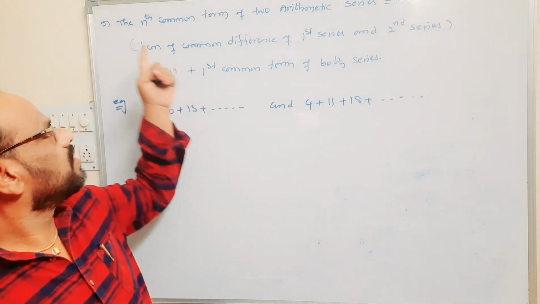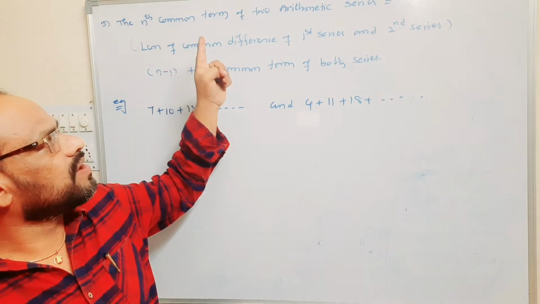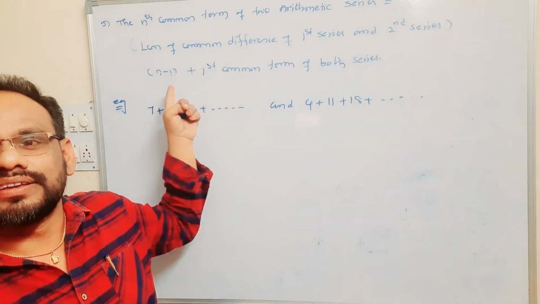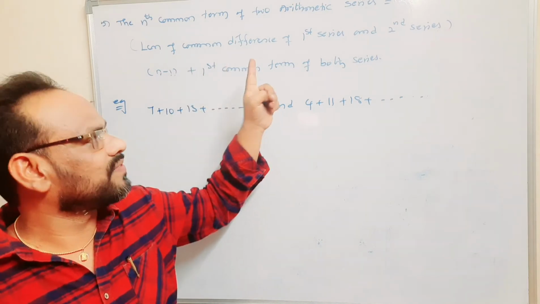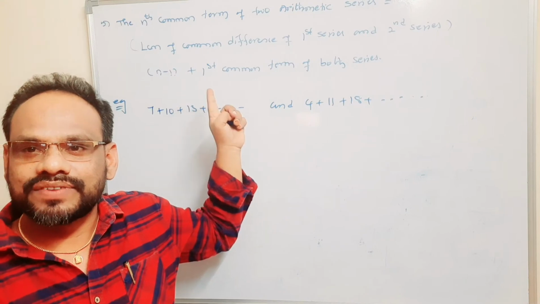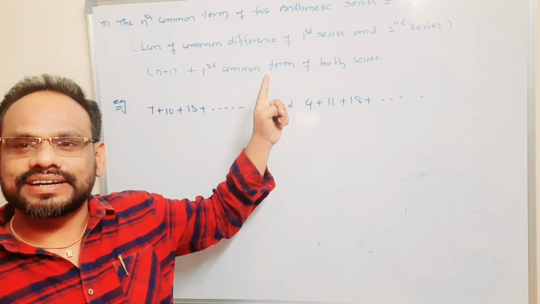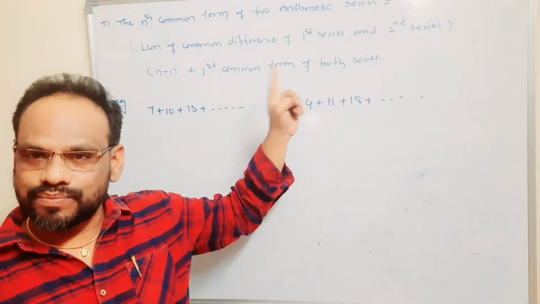What is the formula? The nth common term of two arithmetic series is equal to the LCM of the common differences of the first series and second series, into (n minus 1), plus the first common term of both series.